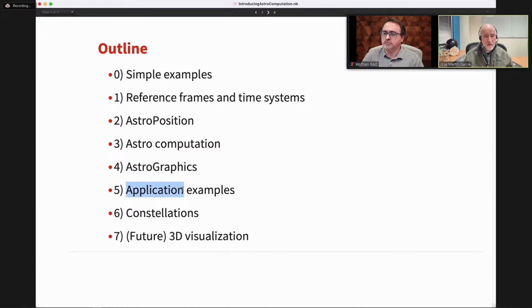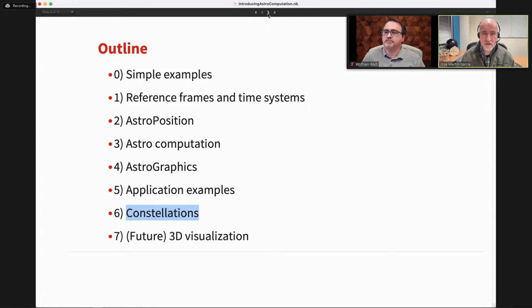We will see some applications of AstroGraphics to visualize various events in astronomy. We will have a look at constellations, and then we will end up showing a preview of future 3D visualization functions we are working on. You can ask questions at any moment during the live stream. We will try to address them as well as we can.